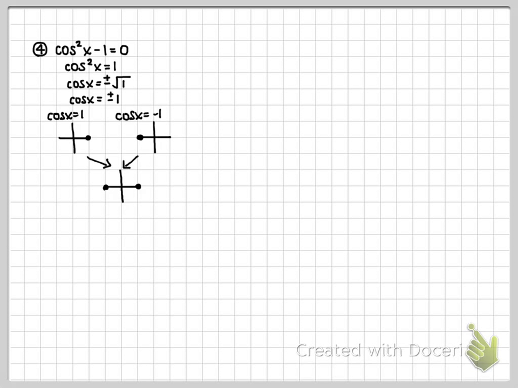Going back to what I did previously, I see that the distance from 0 to pi is pi, and then back from pi to the original is still that pi distance. Because those distances are the exact same value, I can wrap up my answer. So my solution is going to be x is equal to, start at one of these locations.